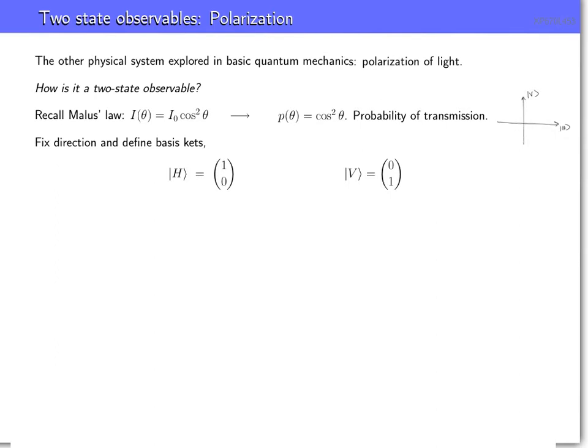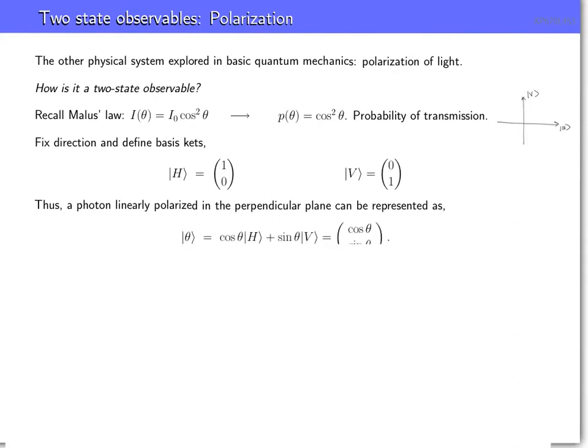So there's a one-to-one mapping, which makes this nice. The most general case is just going to be cosine theta H plus sine theta V. That would be the case where we have some state vector at some angle to the horizontal, and that's the angle theta.